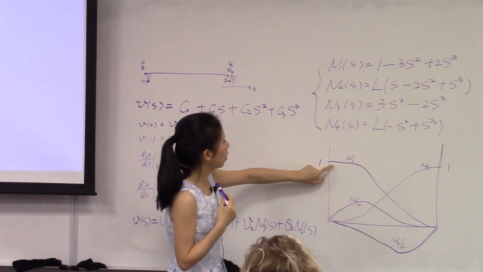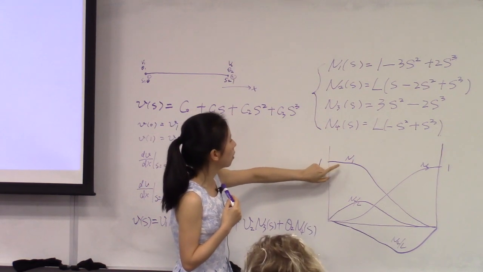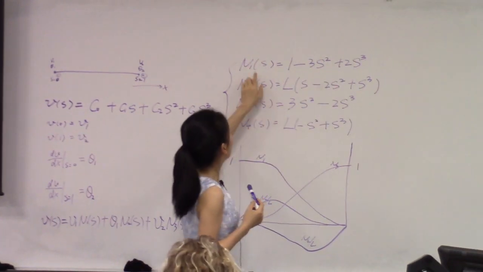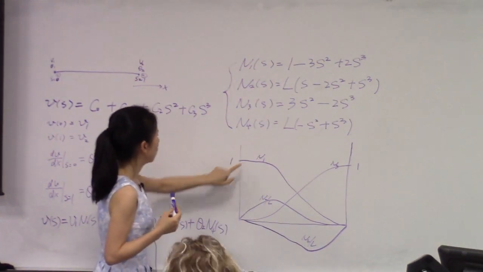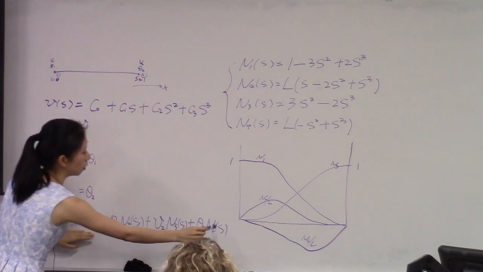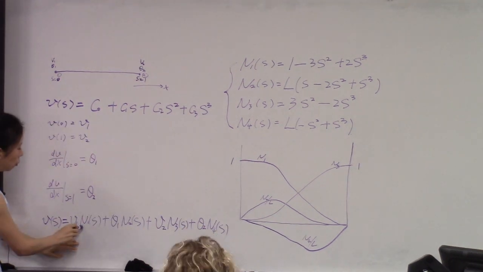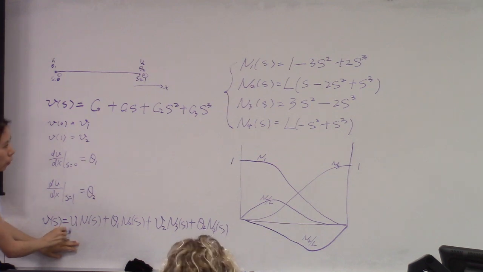So for N1, when s equal to 0, N1 should be 1 and the others should all be 0, and V, when s equal to 0, should be N1 times V1.